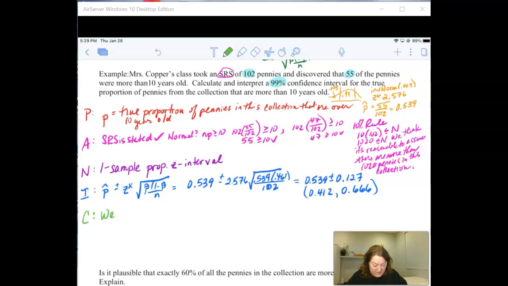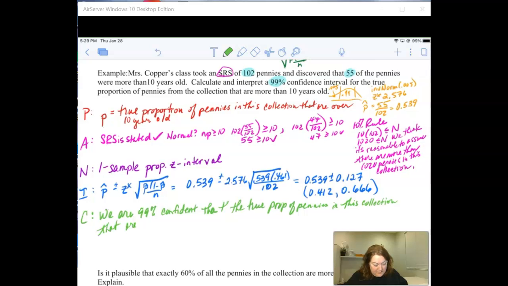You are always going to start with, we are 99% confident, or whatever the percentage is, that the true proportion, so I'm repeating what I had in step P, that the true proportion of pennies in this collection, you're actually going to rewrite that entire thing that you wrote at P, in this collection that are over 10 years old can be captured or contained or found in the interval.